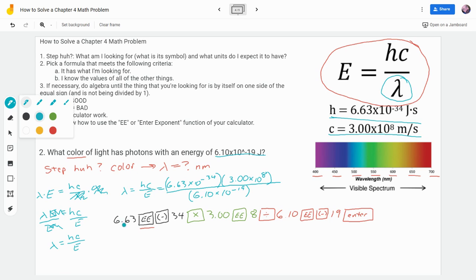So what my calculator is telling me, and apparently I goofed when I picked these numbers, my screen looks like this: 0.6 zeros, and then it says 326.